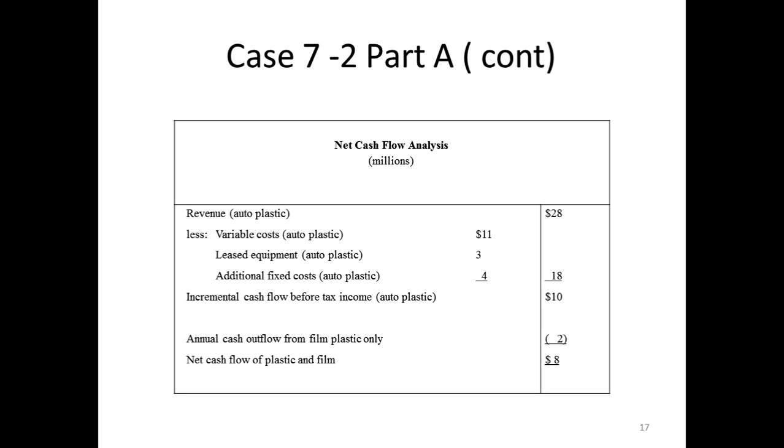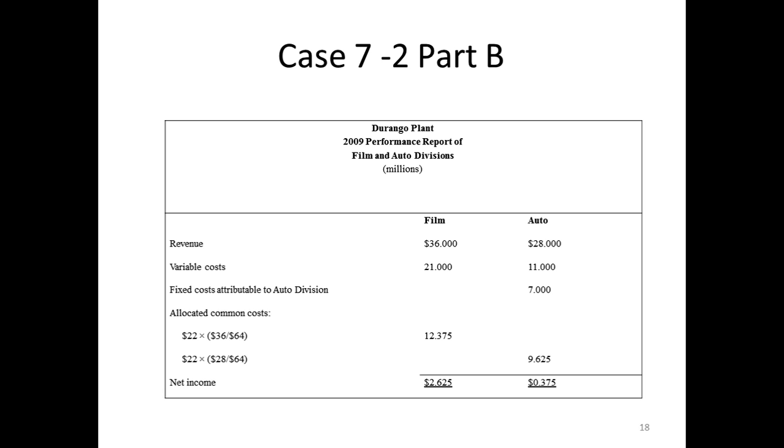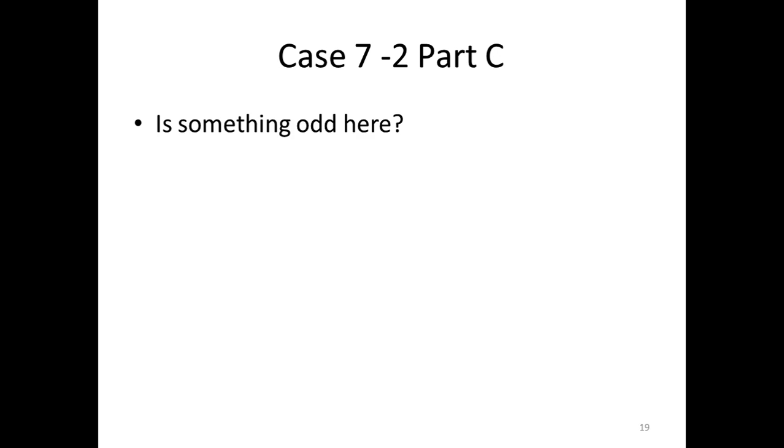If you take a look at the performance report of the film and the automobile divisions, we can see that there's something a little bit odd in the relative performance.